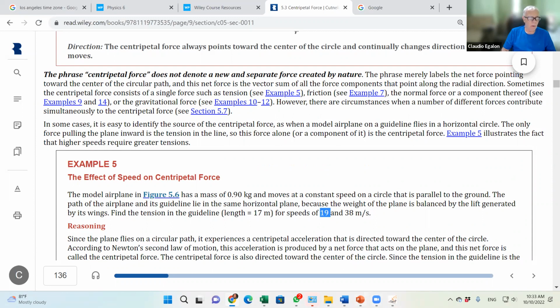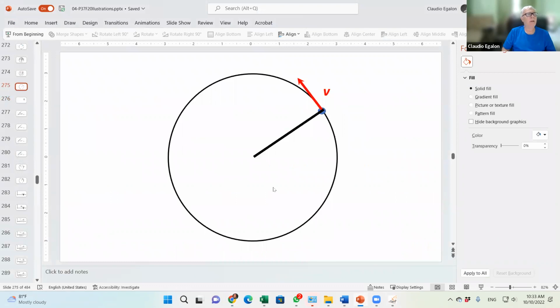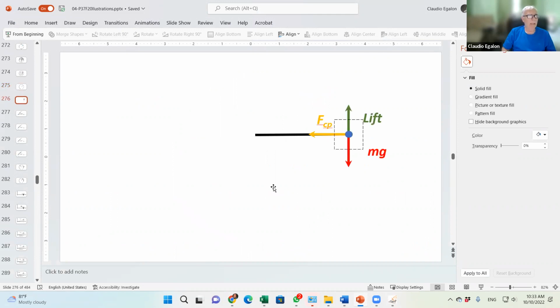Again, we came up with a free body diagram. First, we illustrate the airplane from the top, the guideline attached to the plane undergoing uniform circular motion. Then we look at the airplane under this angle, at the plane of motion of the airplane.